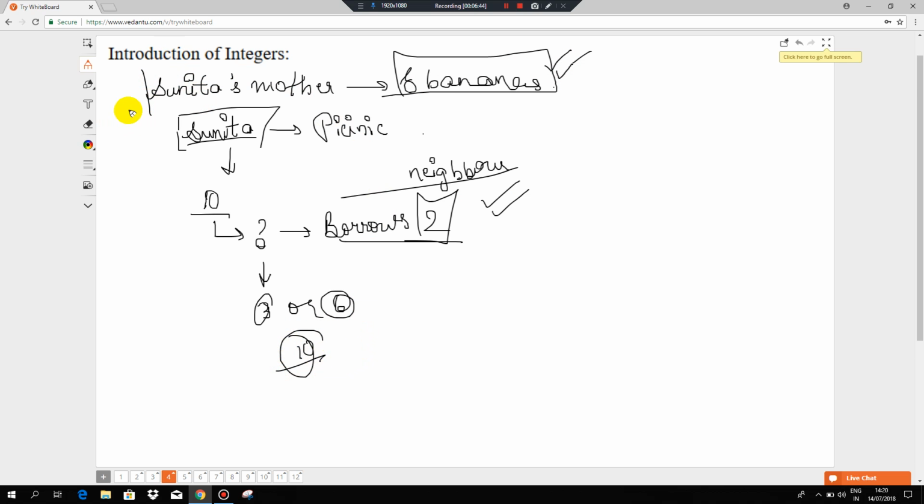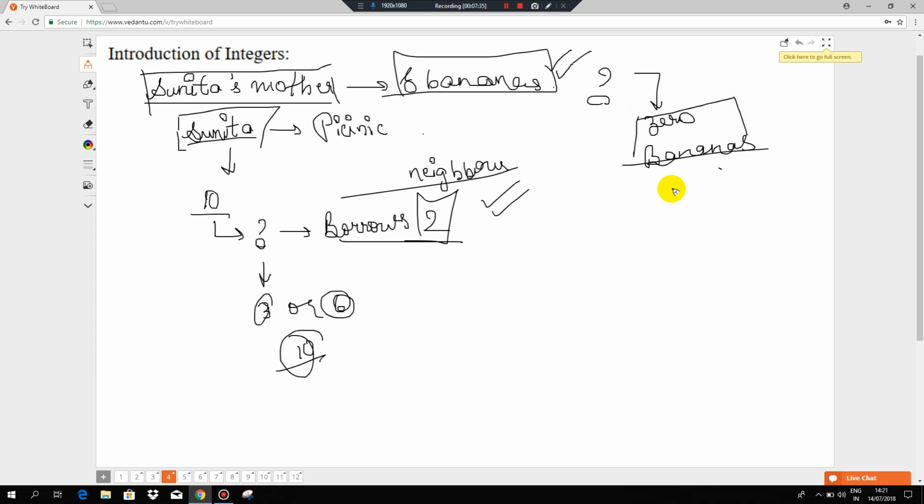So how many bananas are left with the mother? Can we say that she has 0 bananas? She will be left with 0 bananas, but she had to return 2 bananas to her neighbor.